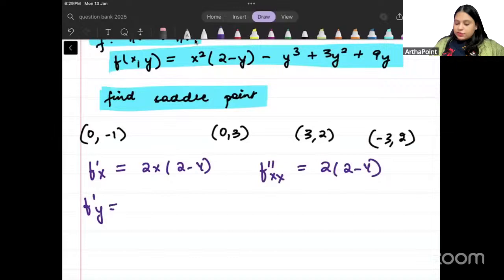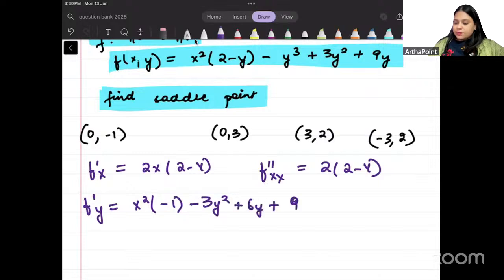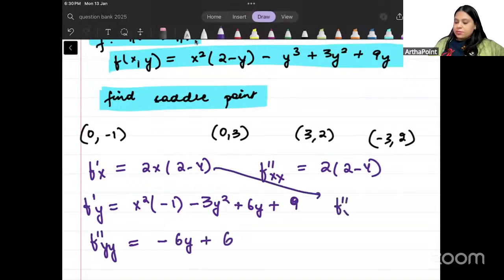First order derivative with respect to y: x square minus 1 minus 3y square plus 6y plus 9. And the second order derivative with respect to y will be minus 6y plus 6. And f double dash xy will be 2x minus 1 minus 2x.